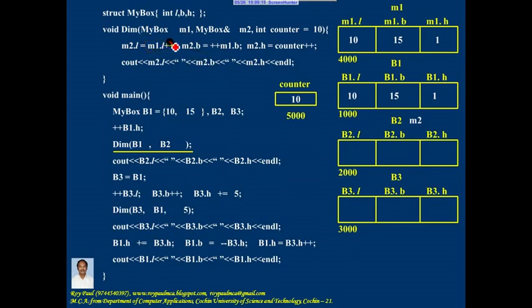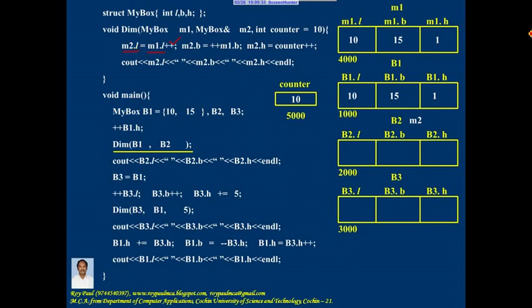I repeat, it's a postfix operator because the operator comes after the variable name. So use and change, meaning m1.l should be assigned to m2.l.